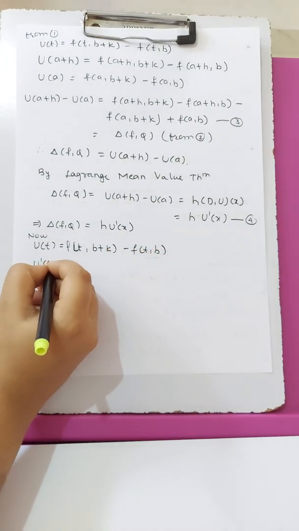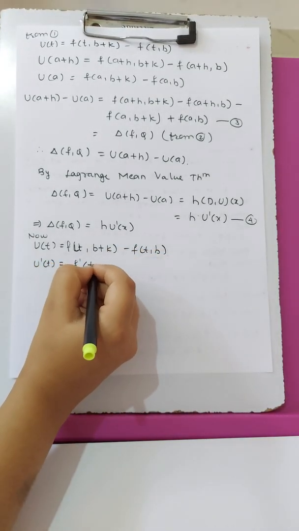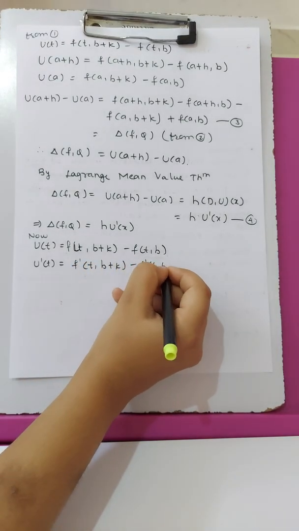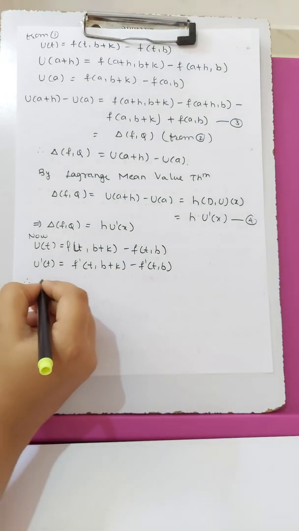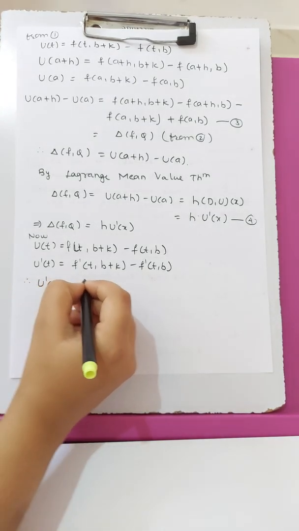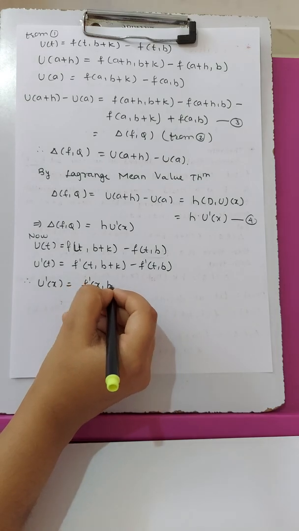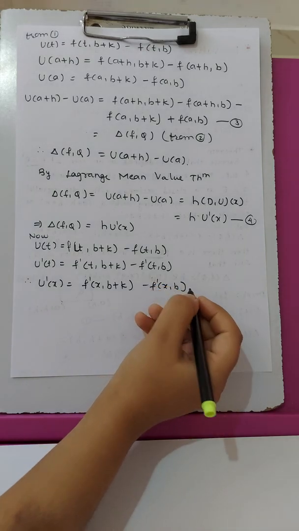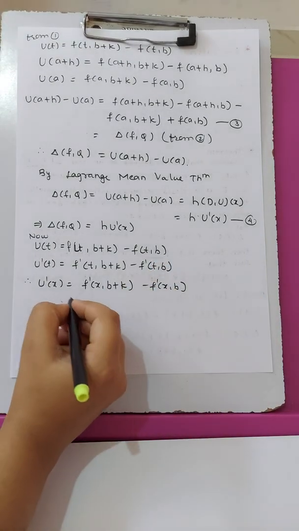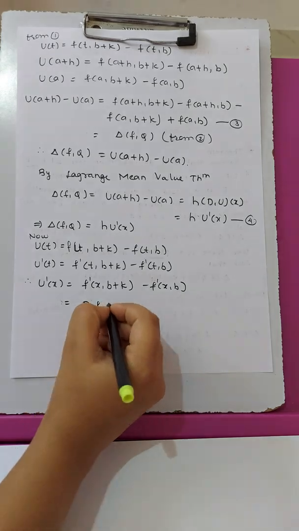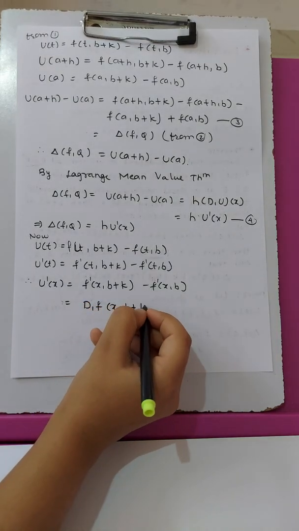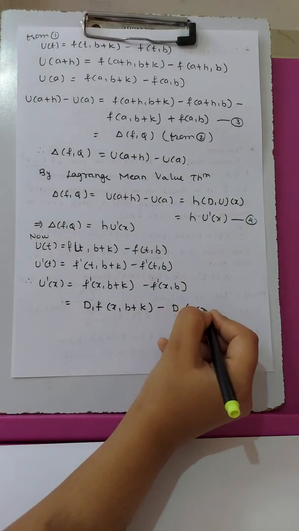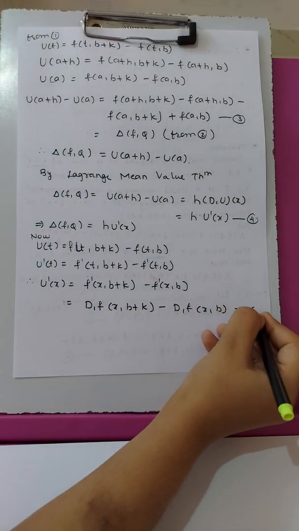So similarly u dash(x) becomes f dash(x, b plus k) minus f dash(x, b), which can be written as D1 f(x, b plus k), that is the first derivative, minus D1 f(x, b). Let it be number 4.